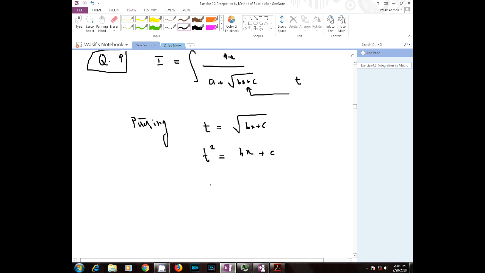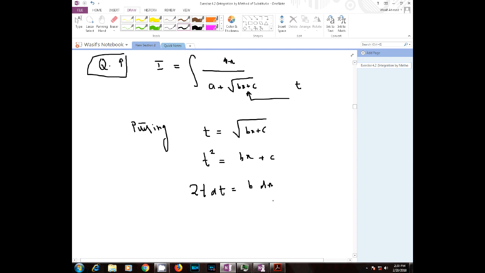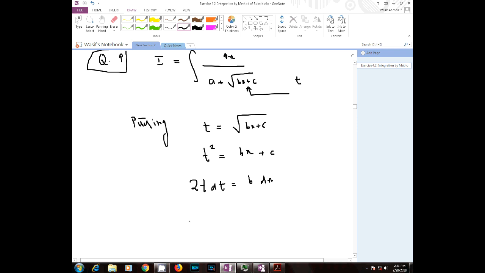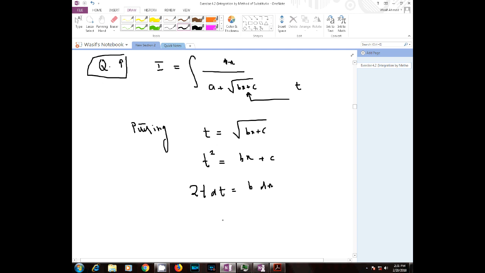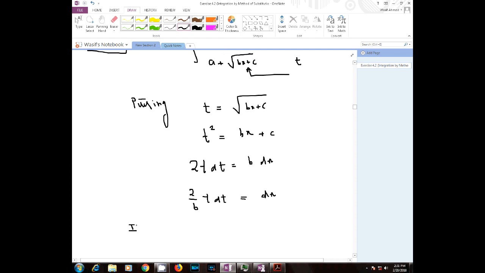And therefore, when you differentiate it, you would get 2t dt is equal to b multiplied with dx. Now this can also be written as 2 divided by b t dt is equal to dx.